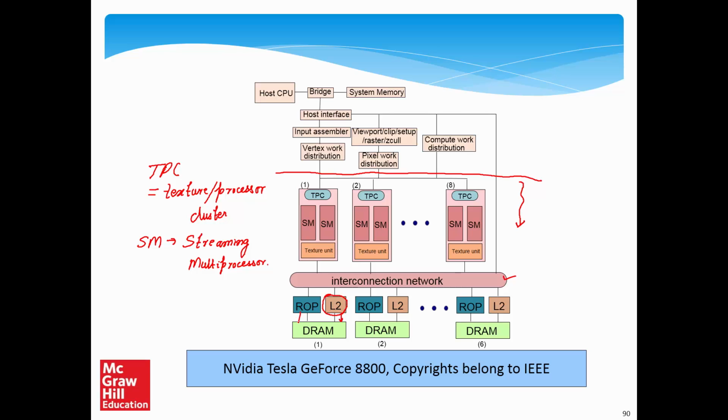And also there is an ROP. An ROP is a raster operations processor, which does additional processing for raster operations. Right, so that is what an ROP does.